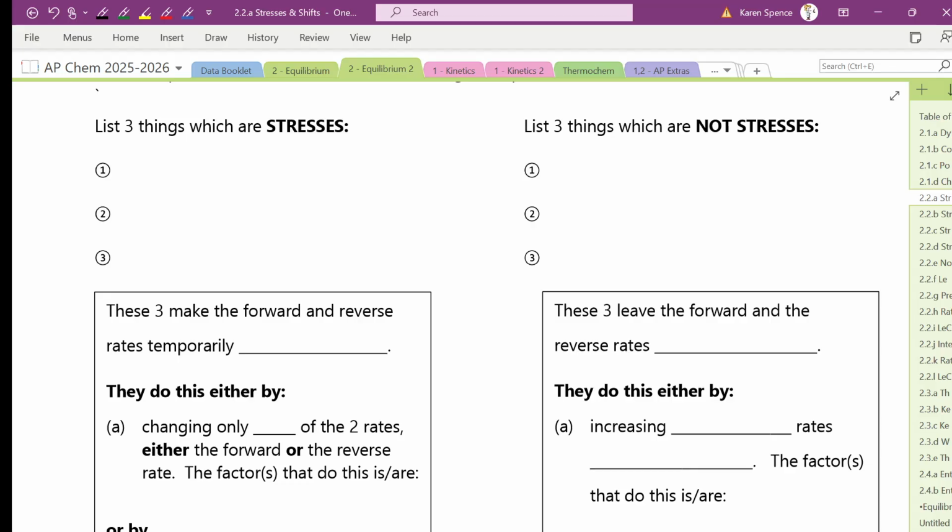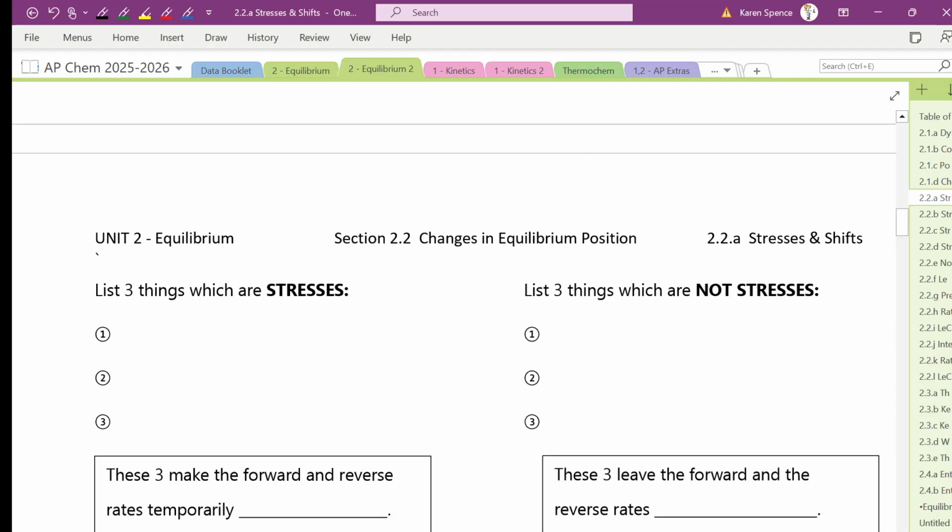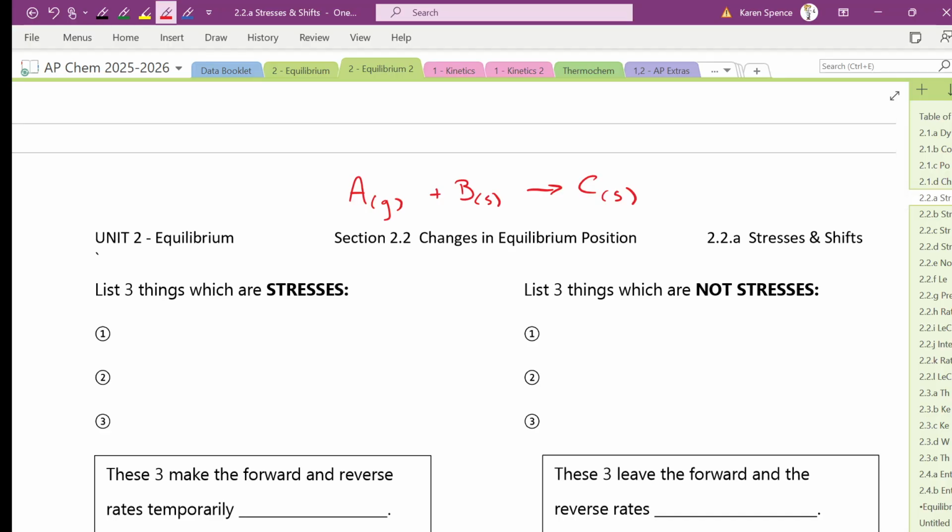So let's say you had A, which is gas, plus B, which is a solid, gives C, which is a solid. It's only going to affect the rate of collisions with A. And if you have a system where you have different numbers of gas molecules on either side, it will cause a shift. If you have the same number of gas molecules on each side, it will not cause a shift.